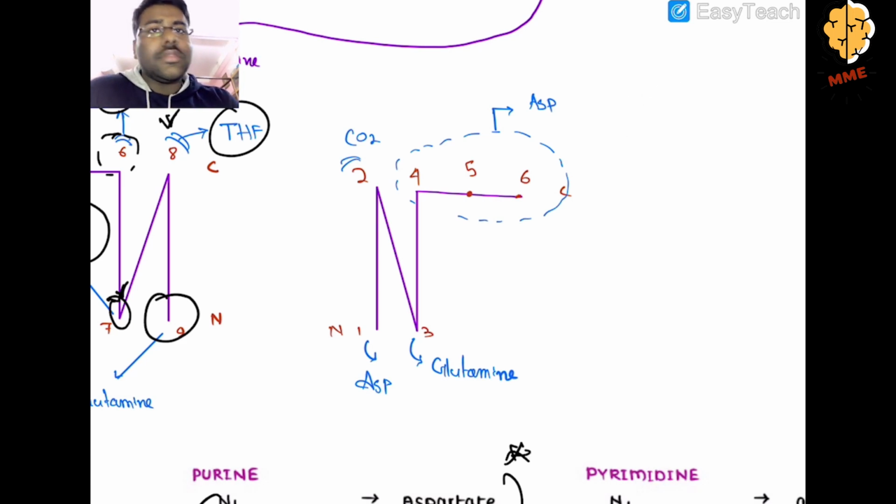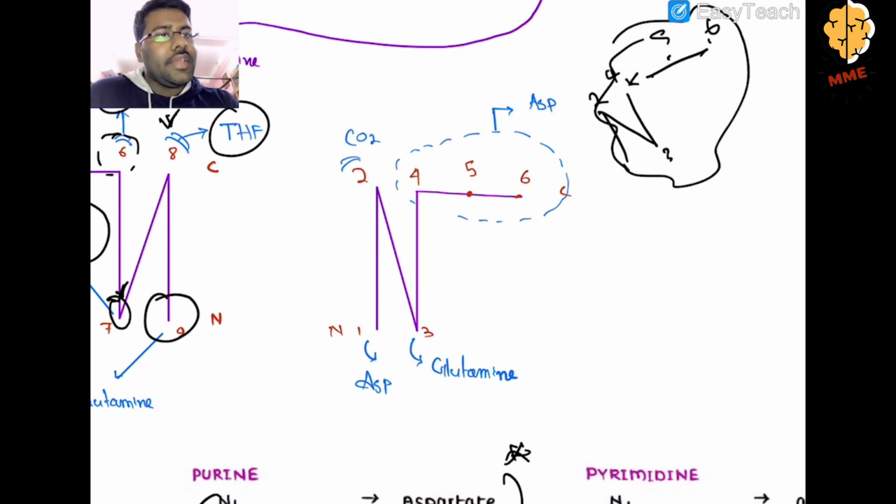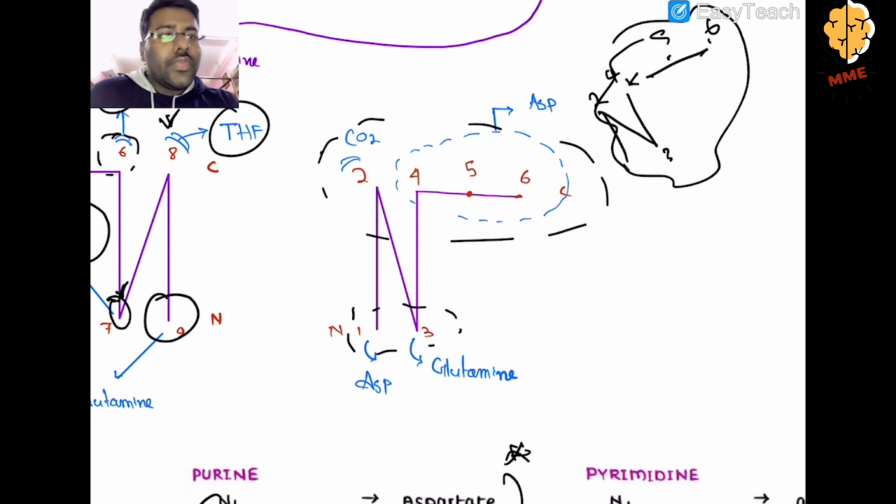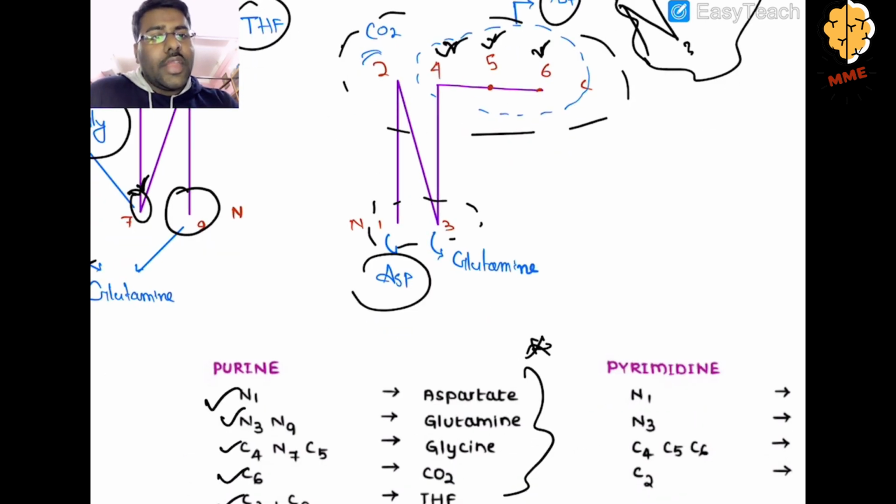pyrimidine part. In case of the pyrimidine part, again there is an N and one line is attached here. 1, 2, 3, 4, 5 and 6. There is a 6-member ring. Again the lower is for nitrogen and upper is for carbon. Okay, and C4, C5 and C6 are coming from the aspartate, and also N1 is coming from the aspartate.